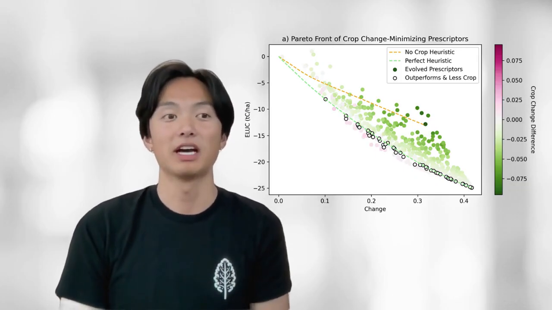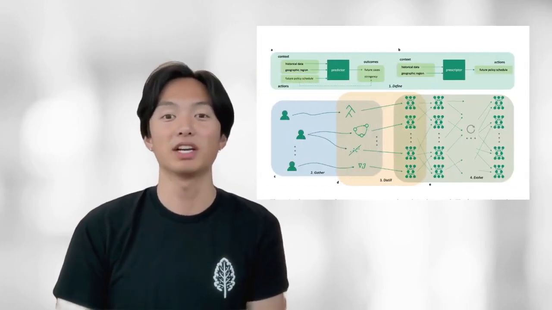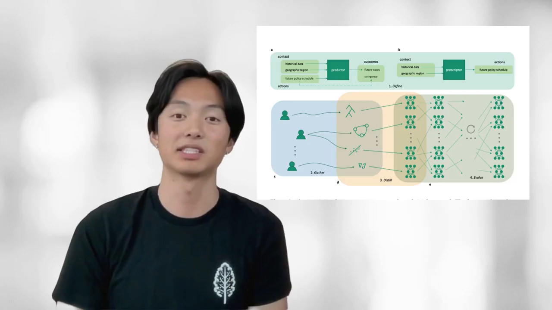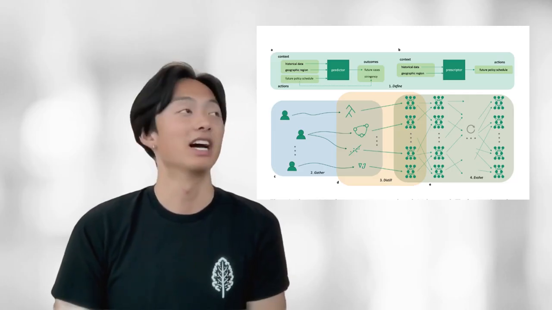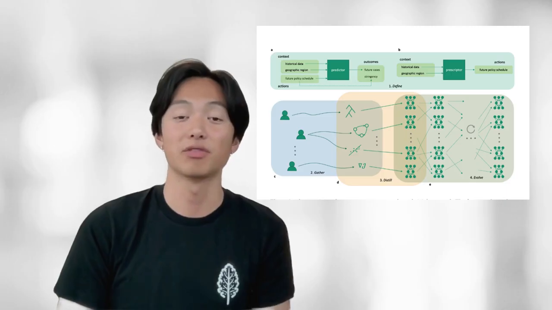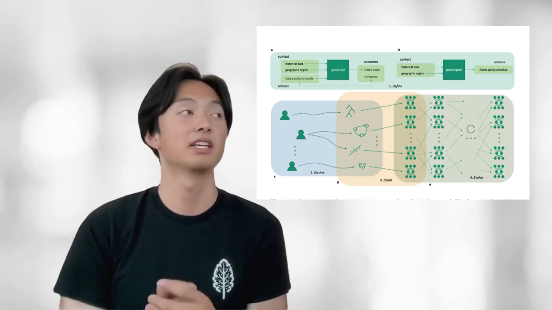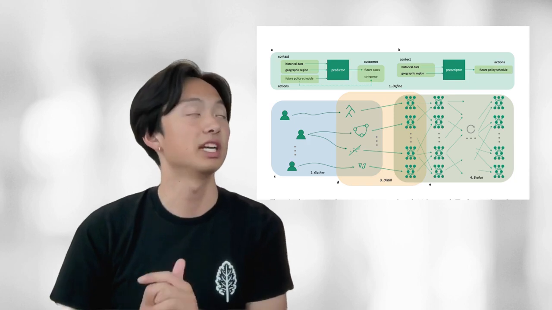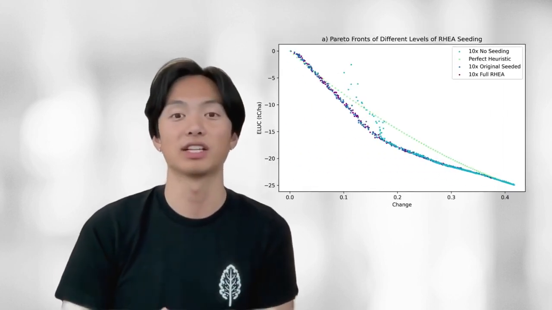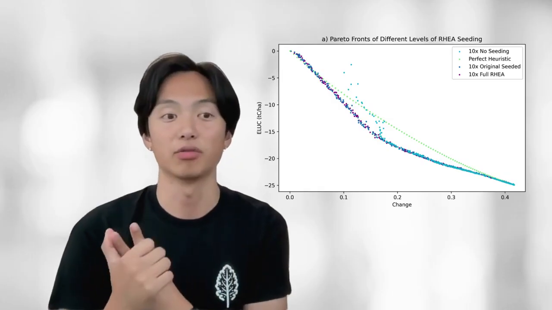On top of that, we can incorporate another really great work that came out of the lab called RHEA, Realizing Human Expertise through AI. And so what we do is, in our evolutionary search to find good policies, we can inject human-made solutions first. And so what we did here is we injected a human-made solution that said, don't change anything, and then one that said, change everything to forest.